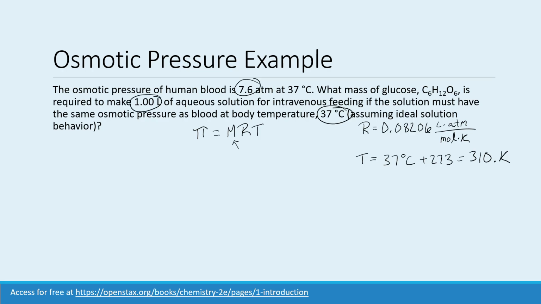And by doing that, of course, if you know the molarity and you know the volume, right, 1 liter of solution, then you can determine the moles and therefore the mass of your solute, which is glucose. Okay, so plugging in all of our values for this equation, the osmotic pressure is 7.6 atmospheres, and that is equal to the molarity that we're going to calculate times our R value, okay, and times our temperature of 310.